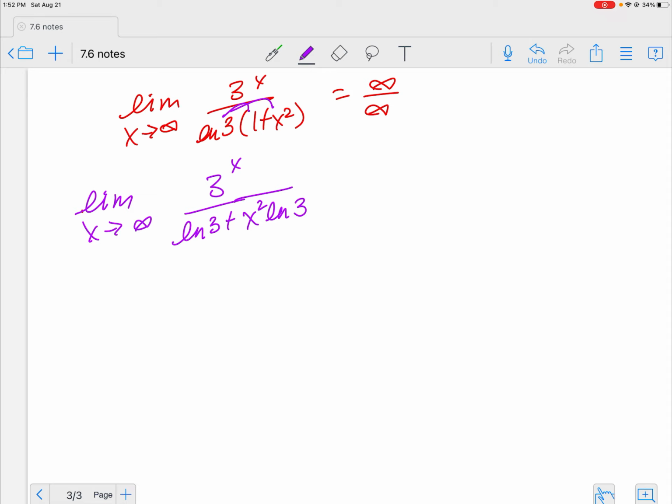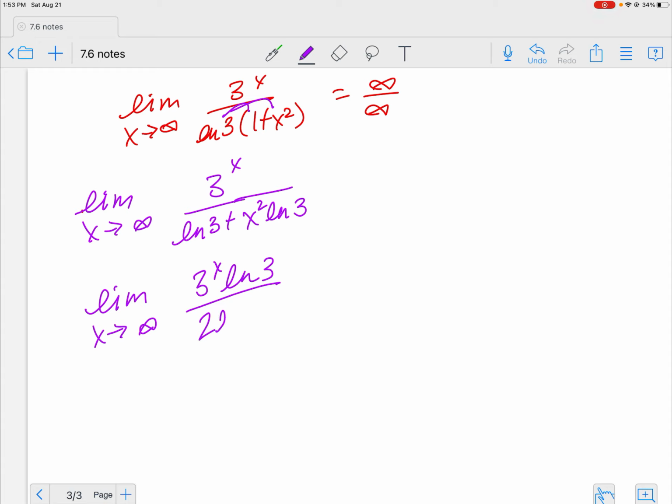All right, now I can just take the derivative of each one, which makes it nice. My numerator, the limit as x approaches infinity here, is 3 to the x, natural log of 3. This is a number, so the derivative of a constant is 0. Here, again, this is a coefficient, and I'm just taking the derivative of my x squared.